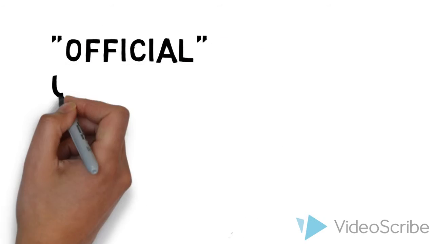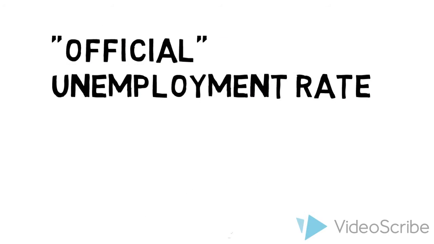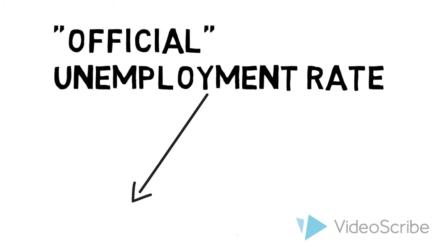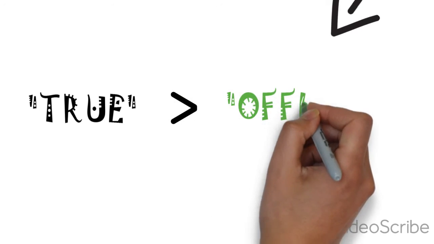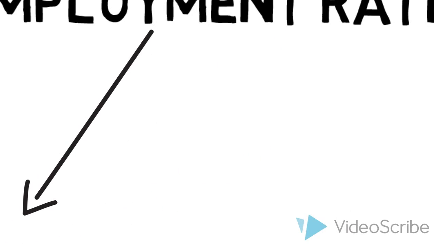The imperfections of the official unemployment rate fall into two categories. The first one suggests that the true unemployment of labor resources is likely greater than the official unemployment rate. The second one suggests that the true unemployment of labor resources is likely less than the official unemployment rate.